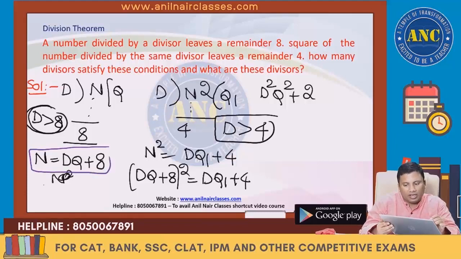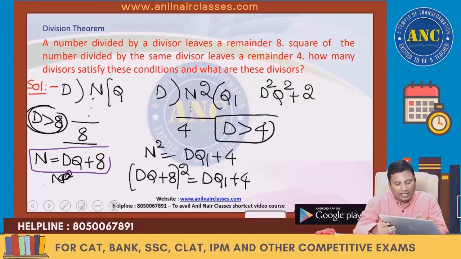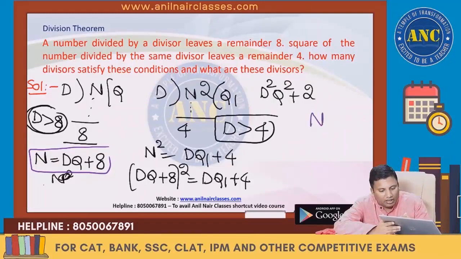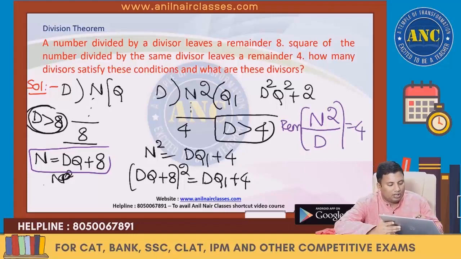The square of the number, I think I will write it like this. So the square of the number when divided by the same divisor, the remainder is 4. I hope it is clear. This is the expression. Why write q1 and everything?